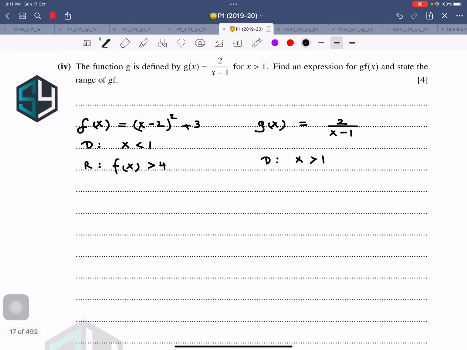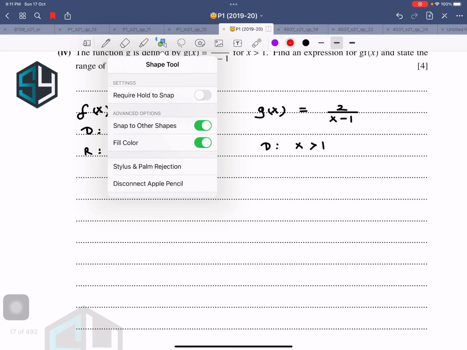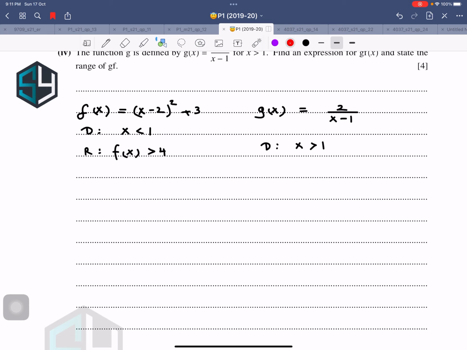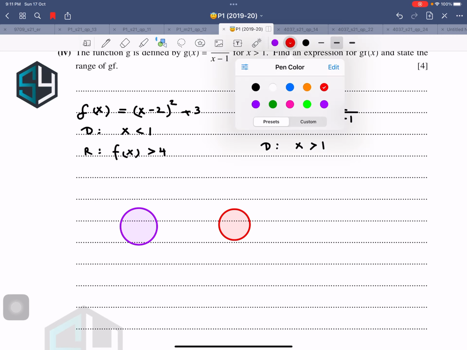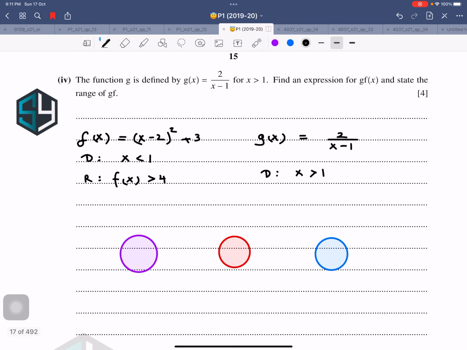Now, the thing is, first of all, let's get something straightened out. The first thing is, there are three functions. Let me label it and give you a brief idea. The first function is, they are talking about g of x.